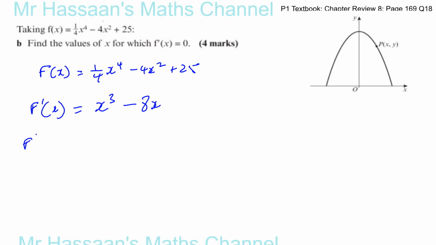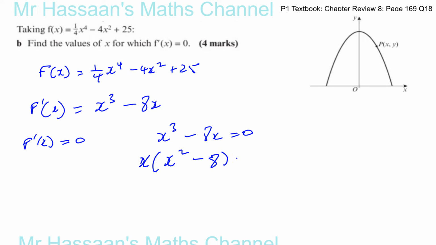So we have x cubed minus 8x equals 0, in which case we can say x times x squared minus 8 equals 0. So x equals 0 and x squared equals 8. So x is equal to plus or minus 2 times root 2.